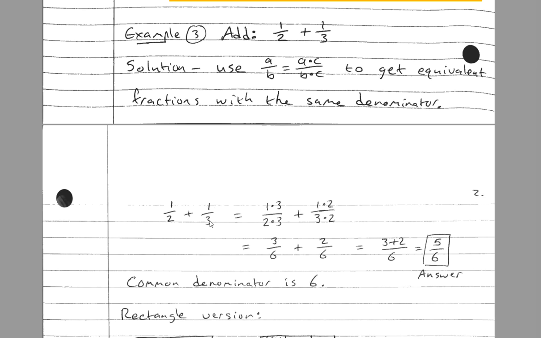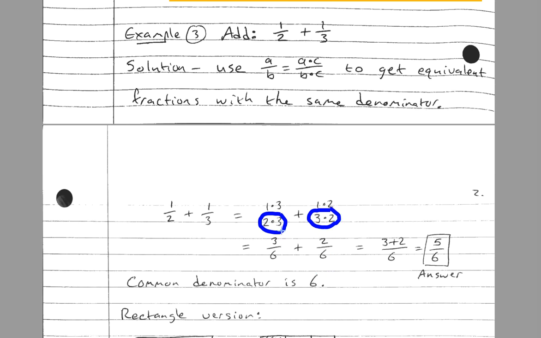How about 1/3? Should I multiply top and bottom by 3? No, so yep, I want to get the same denominator, so multiply top and bottom by 2. All right, so it's really, what do you have to multiply 2 by to get 6? What do you have to multiply 3 by to get 6?